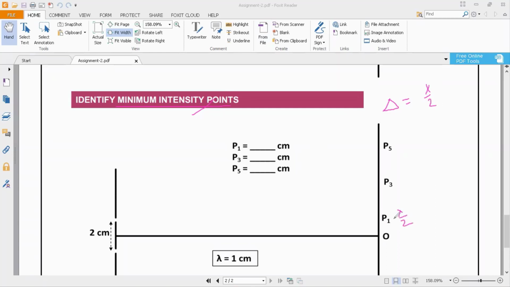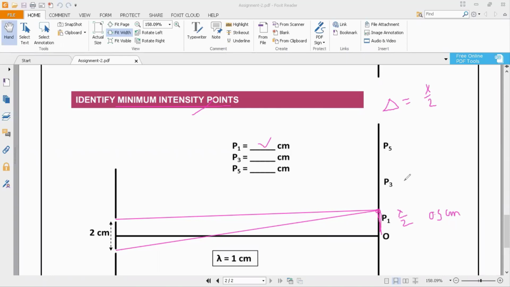If you draw a line from here to somewhere like this and measure, the path difference should be lambda by 2, and lambda is 1 centimeter, so 0.5 centimeters should come. Then that point is P1. Then this height is the P1 height, which you have to report here.